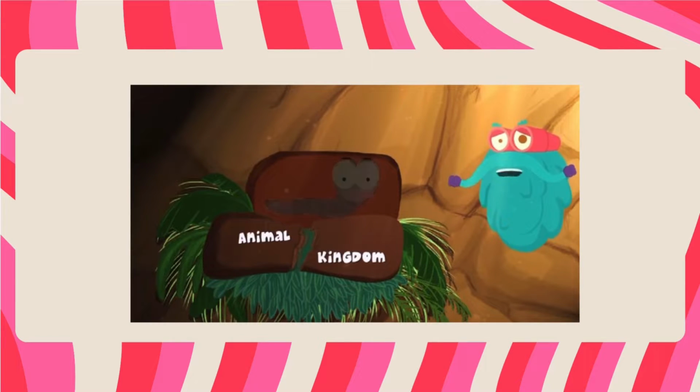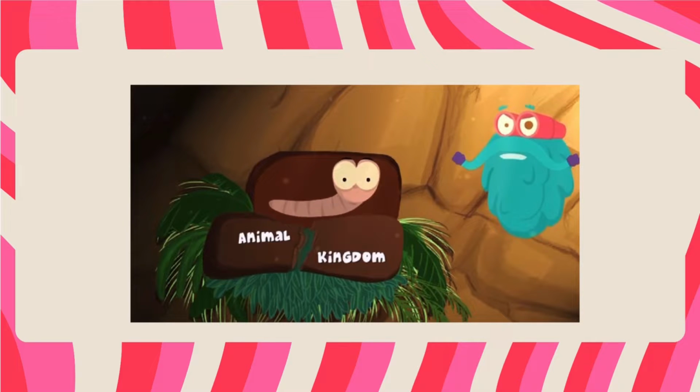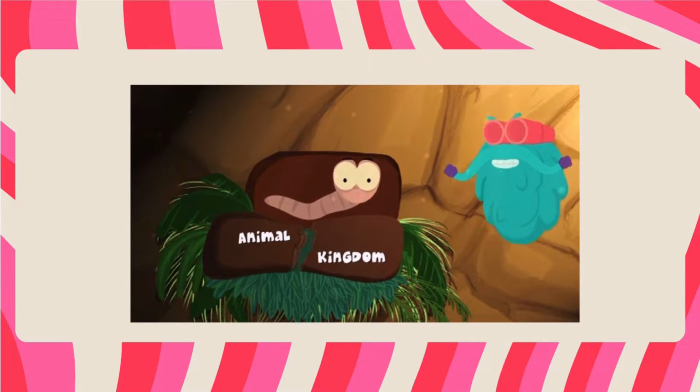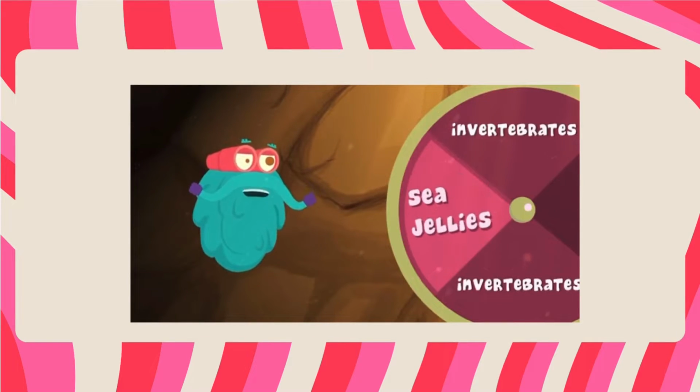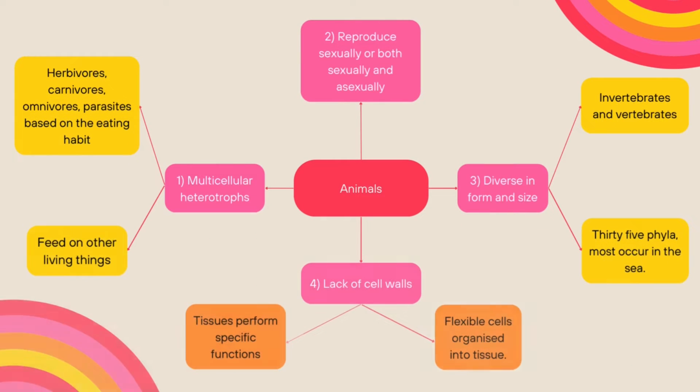Animals without a backbone are called invertebrates, which are further classified into worms, sea jellies, mollusks, arthropods, and sponges. Animals also lack of cell walls, but many cells are instead held together by extracellular lattices of structural protein that is collagen. Tissues perform specific function and flexible cells organize into tissues.